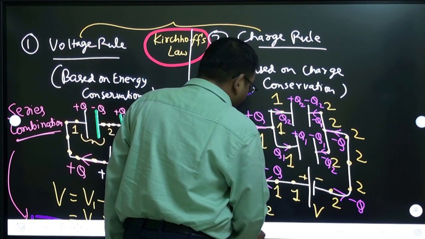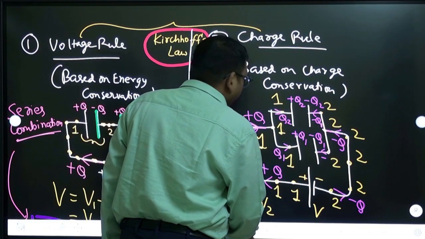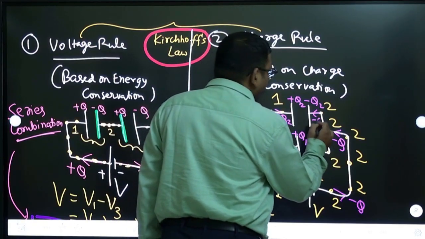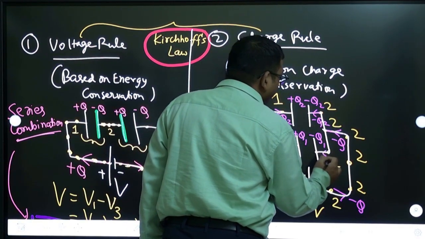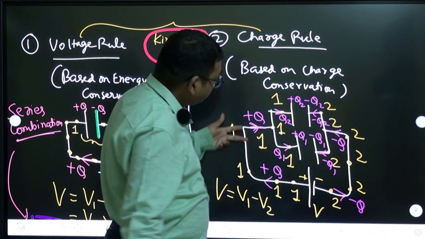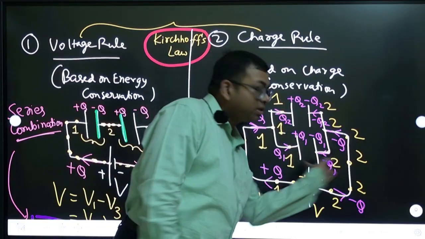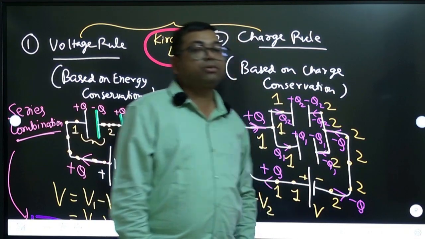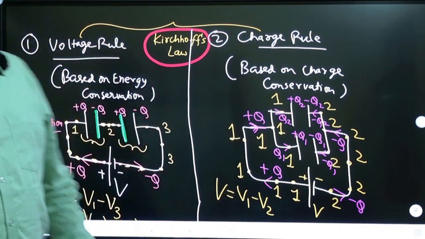This I have written opposite, I think. This will be 2 and that will be 1. This will be minus Q2 and this will be minus Q1. Just like symmetric, the lower is plus Q1, here lower is minus Q1, upper is plus Q2, here upper is minus Q2. This is called charge distribution.